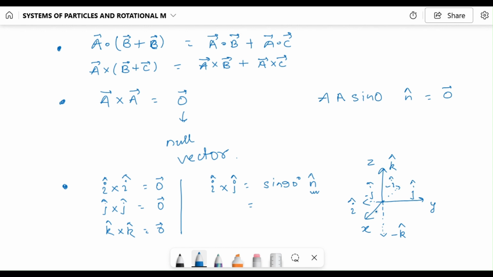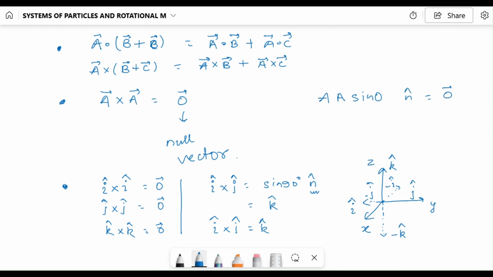So if we are doing i cross j, the resultant vector after this cross product will be along the positive z direction using the right hand screw rule. And then we know that this n cap is a unit vector, and the unit vector along this positive z direction is nothing but k cap. So to write it clearly, we can write i cross j equals k cap.